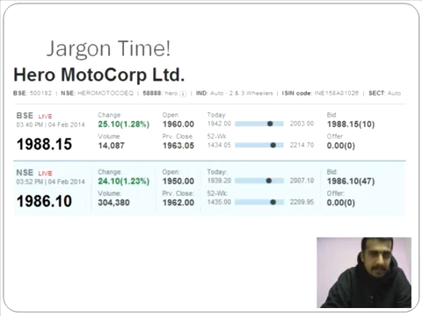Now compared to that, if you subtract 1963.05 from 1988.15, you're able to get 25 rupees. That's what they compare. Yesterday when the market closed, the stock price of Hero Motors was 1963.05. Today when the market closed, the price of Hero Motors was 1988.15. There you get the difference of 25 rupees and 10 paisa.